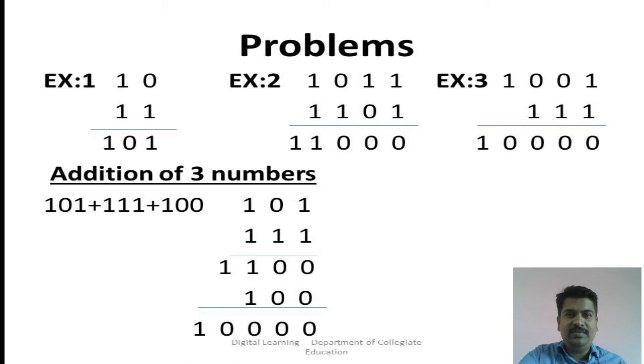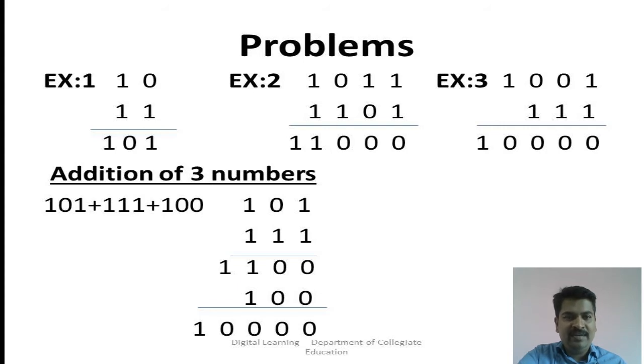The second example is 1011 adding to 1101. Any addition for that matter, we go on adding the digits from the right side to the left, that is, from the least significant bit to the most significant bit.